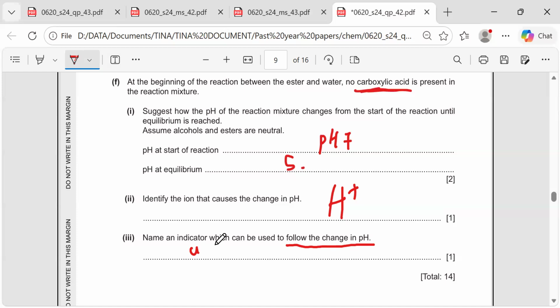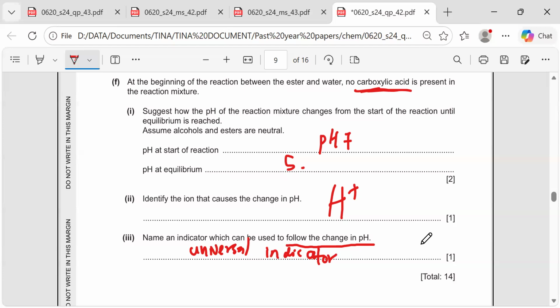Universal indicator tells you different pH. Phenolphthalein, thymolphthalein, and methyl orange only let you know the end point when it changes from one pH to the next. Follow the change.